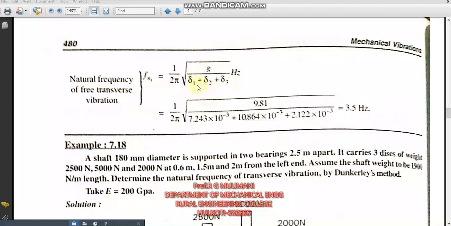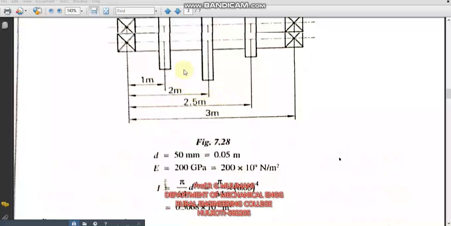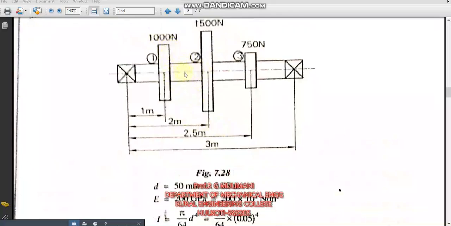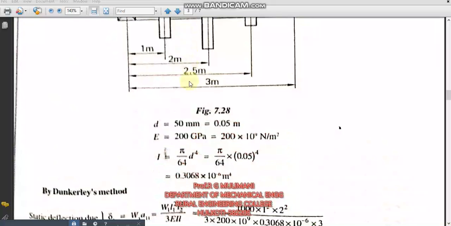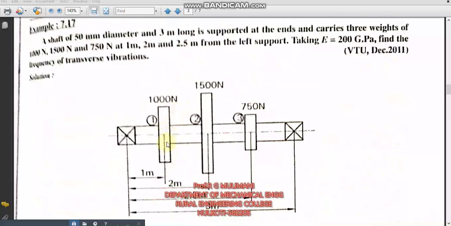How to find delta 1? A11 into the weight, 1000 Newton. How to find A11? You already know from the previous videos how to find the influence coefficient; you can refer to that video. A11 is L1 square L2 square divided by 3EIL. L1 is the distance of this mass from the left support, and L2 is the distance of this mass with respect to the right support.